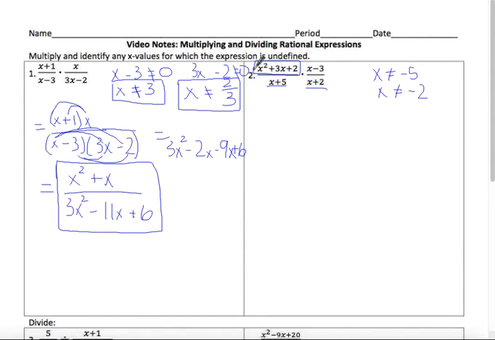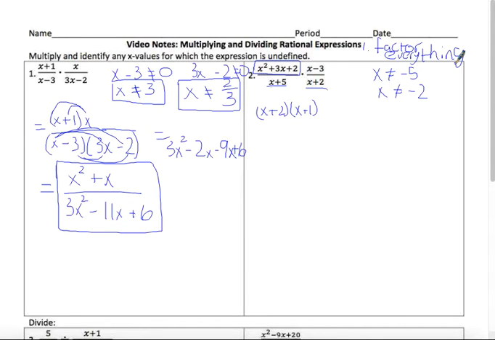We need numbers that multiply to make 2 and add to make 3, and that would be positive 2 and positive 1. So step 1 whenever you're multiplying is factor everything. And you'll see why here in a second.